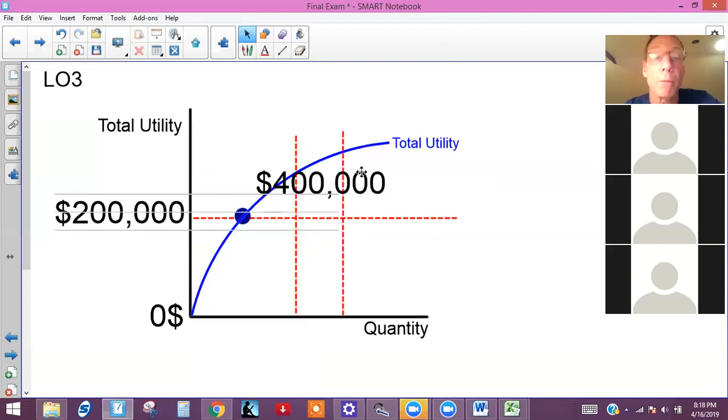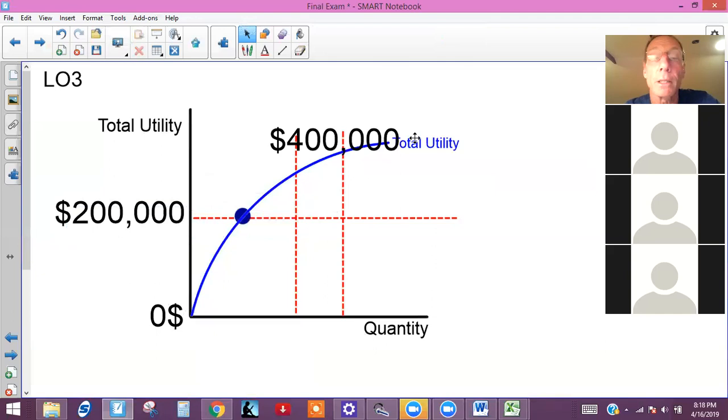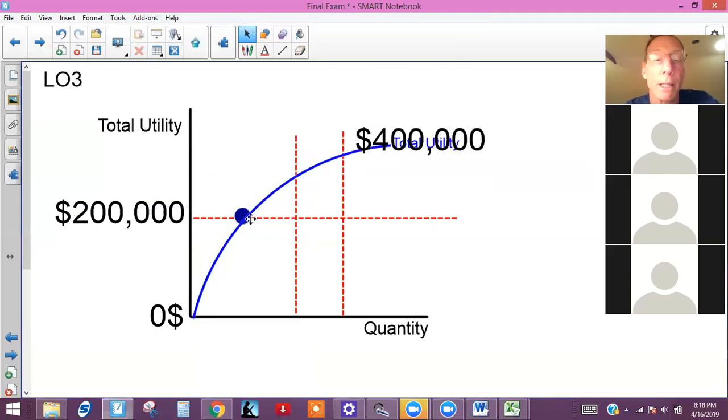But if I go from there to here, I'm not going to get as much out in utility for the second 200,000 as I did for the first, because at this point I can get a house, I can get clothes, I can get everything, right?